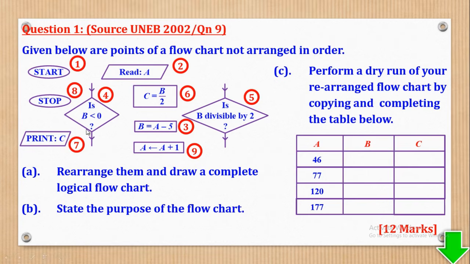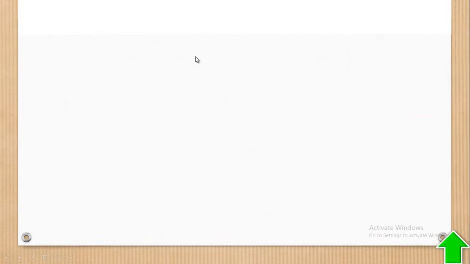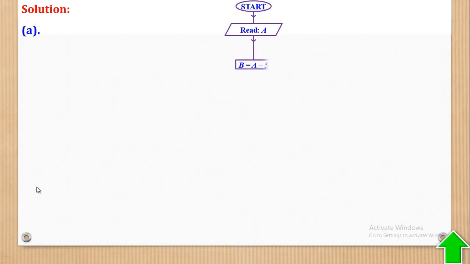So you shall come and draw as they are. Number 1 was the start, so we shall put our start there. Number 2 was the read. Then number 3 was the assignment of B. Then after that, number 4 was the decision to ensure it's positive. Then it was followed by the decision to ensure that it's divisible.